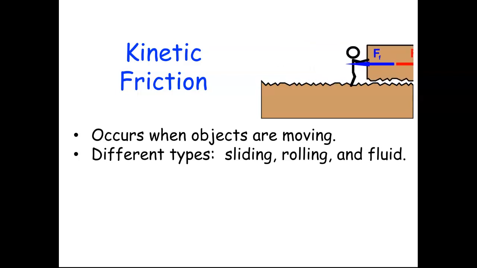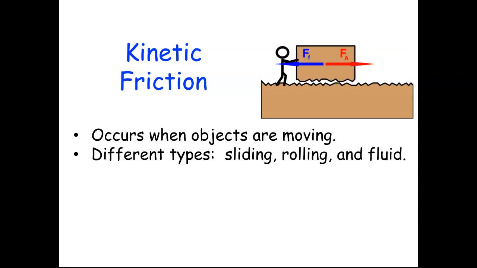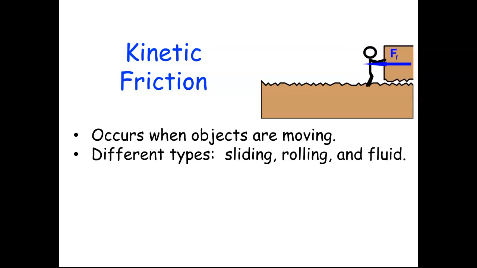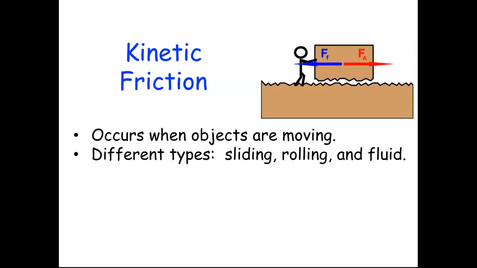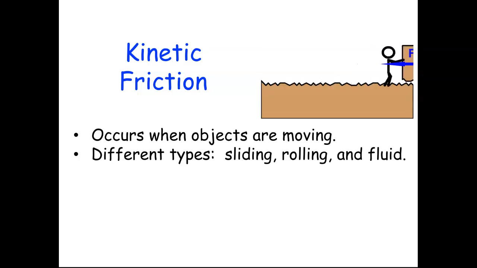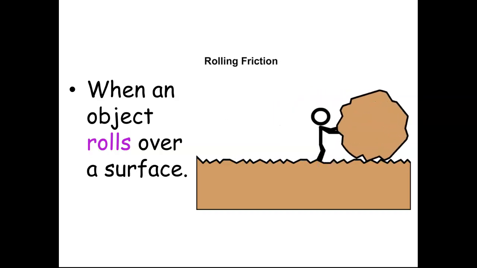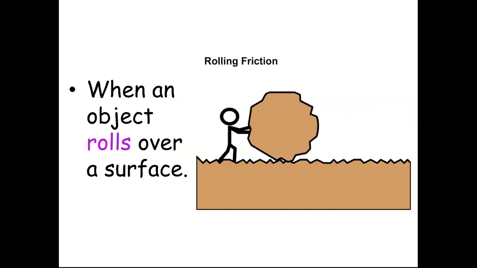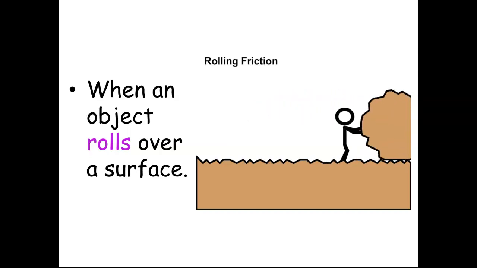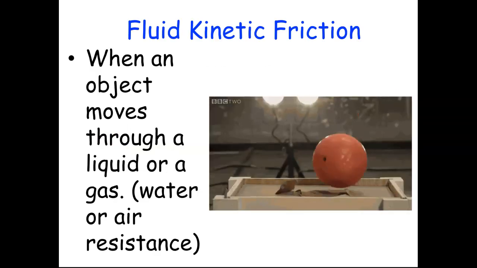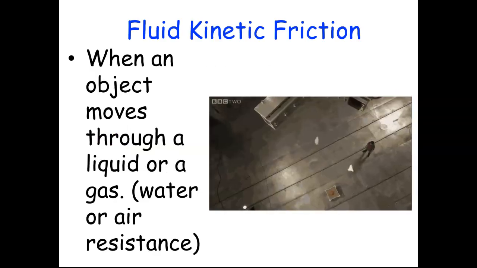The larger the friction is between the two substances, the more force you're going to have to apply to get the object to move. So we have sliding kinetic friction. We have rolling kinetic friction. And we have fluid kinetic friction.